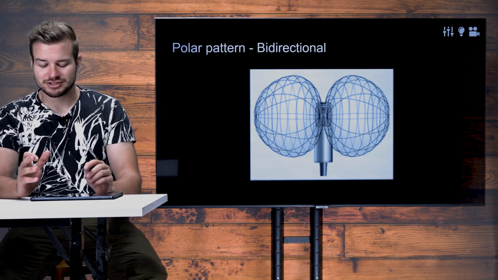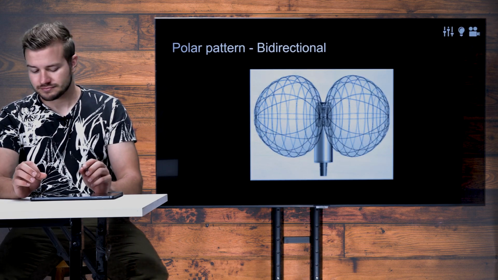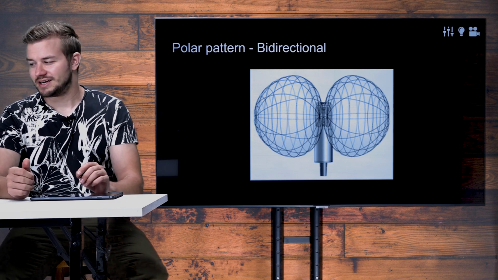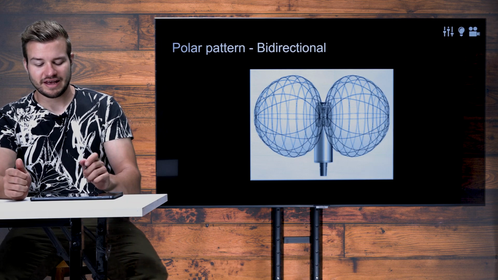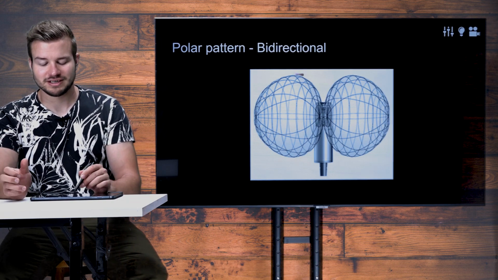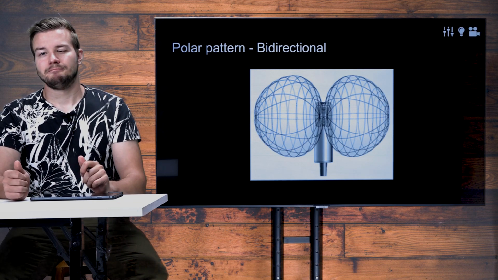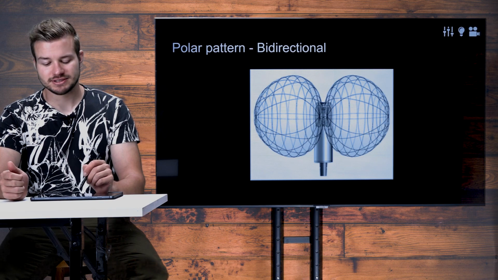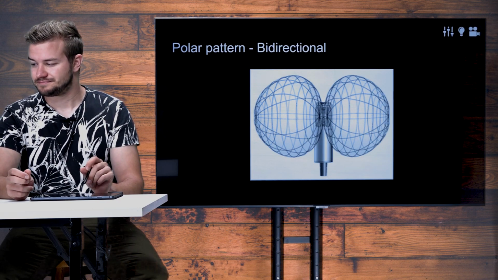It literally has more disadvantages for live usage. A lot of feedback loops arise pretty fast, and also the effect we talked about before for the cardioid mics, that when you go closer to the mic, you get a higher bass frequency response. This we also have with this microphone.